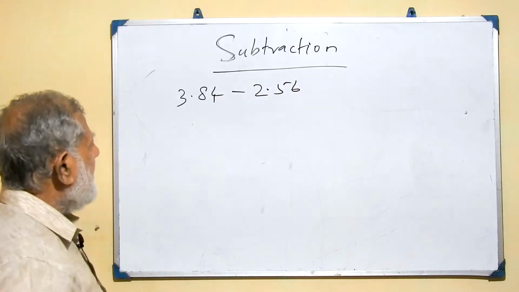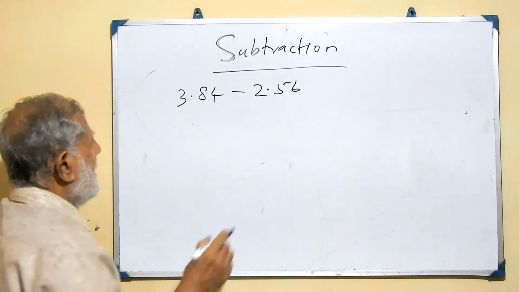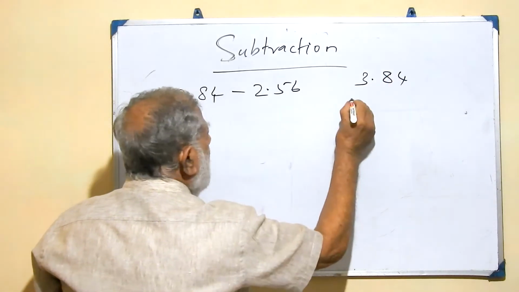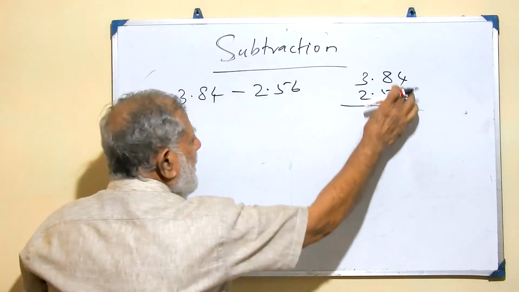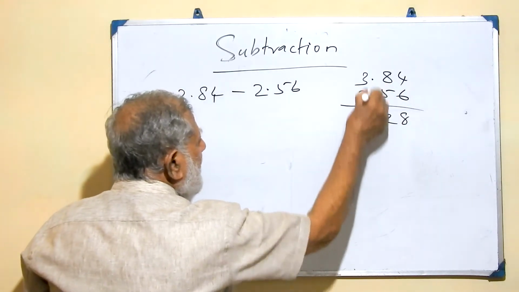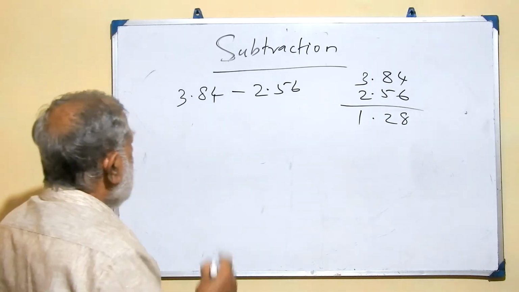Here also, in addition and subtraction, we have to see that the decimal points come one under the other. So 3.84 take away 2.56. 14 take away 6, 8. 7 take away 2, decimal, 1. So the answer is 1.28.